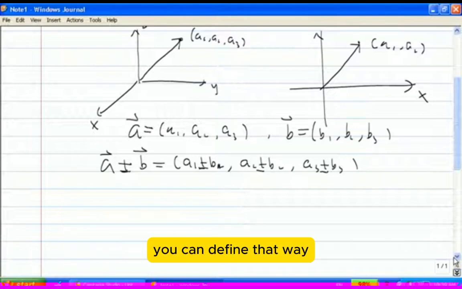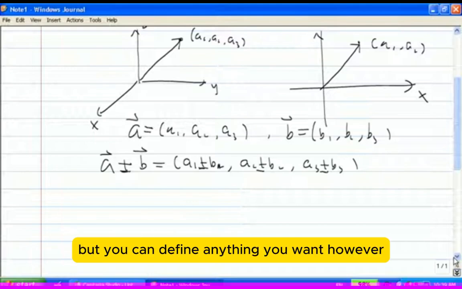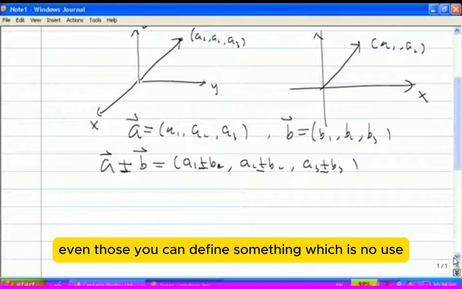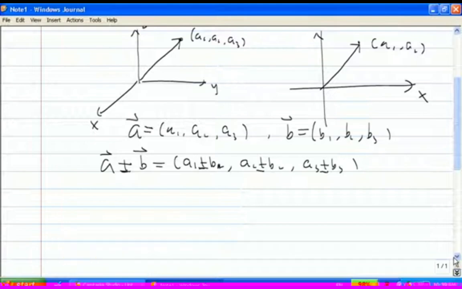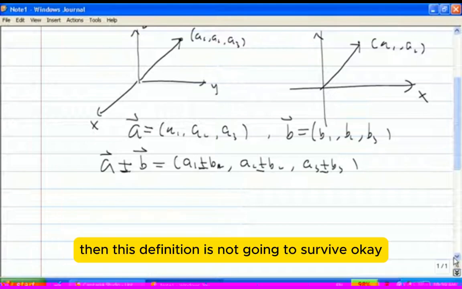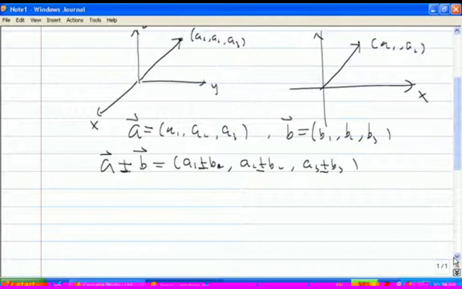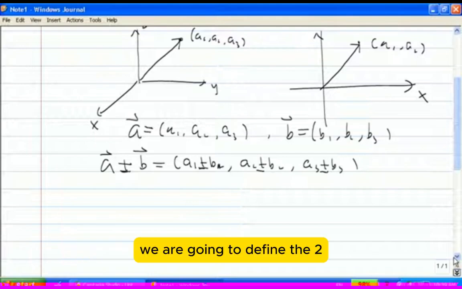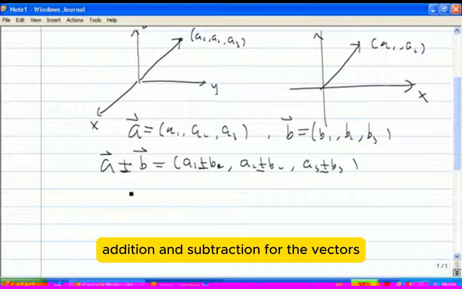You can define it that way, but you can define anything you want. However, if you define something which is of no use, then this definition is not going to survive. We are going to define the two multiplications in the next two sections. So here we'll only define addition and subtraction for vectors.